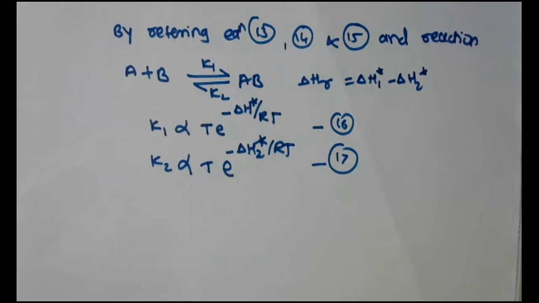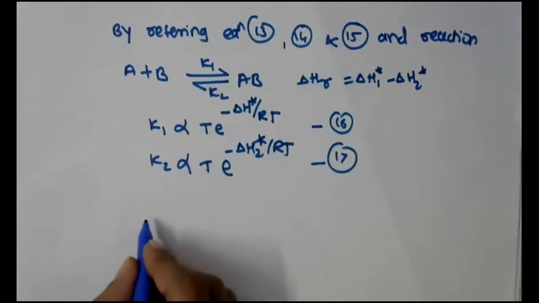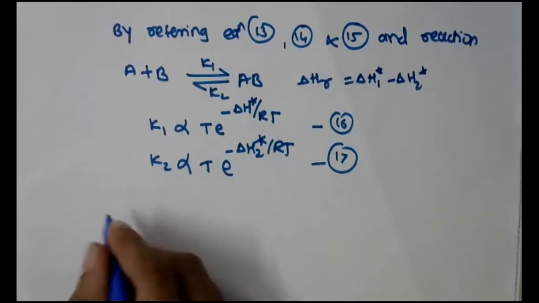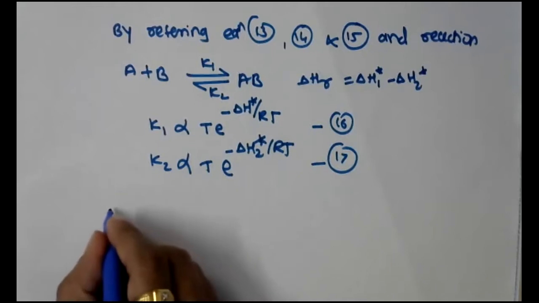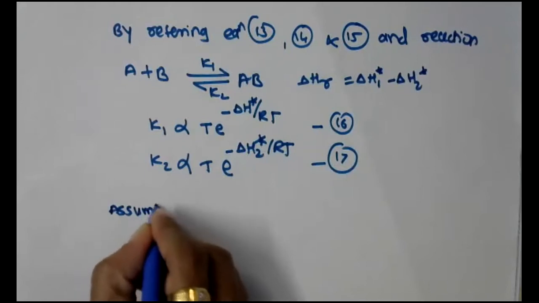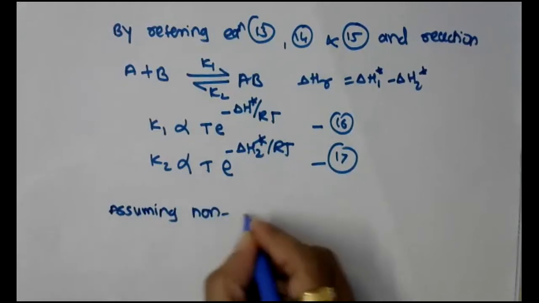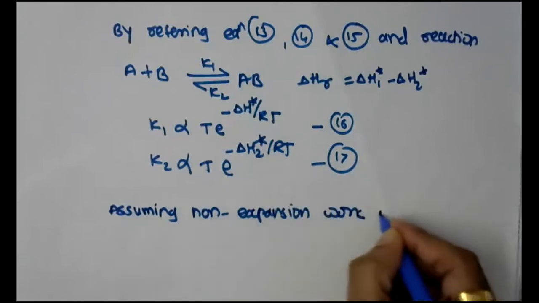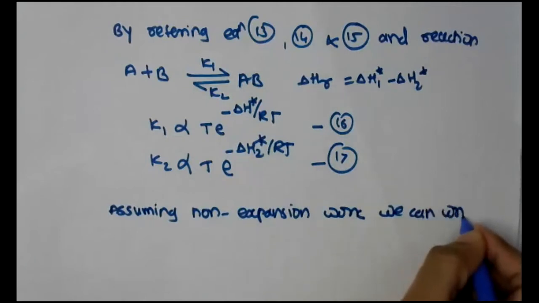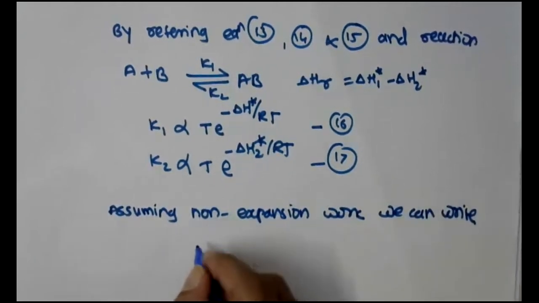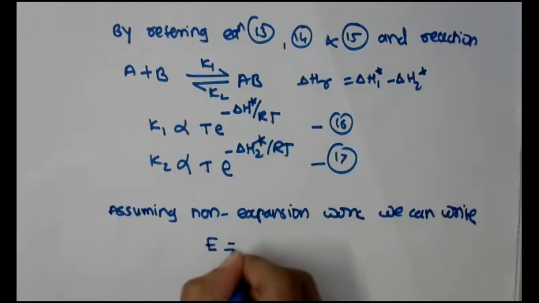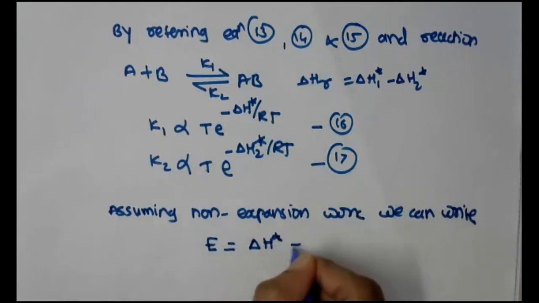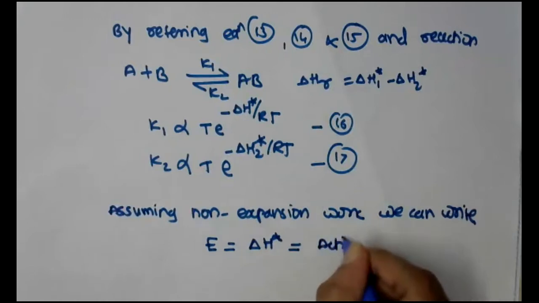So if non-expansion work is assumed insignificant, then assuming no non-expansion work, we can write E is equal to delta H star, which is equal to activation energy.